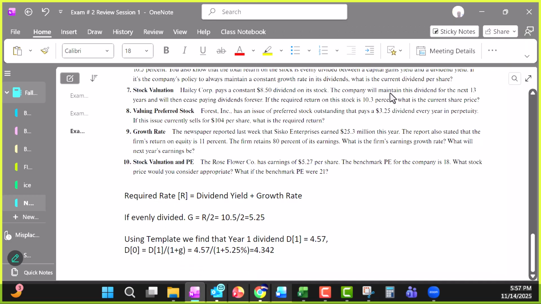Next one. Oh, okay. This one is interesting. This company pays a constant $8.50 dividend on its stock. The company will maintain this dividend for the next 13 years, and it's going to pay nothing after that. If the required return on this stock is 10.3%, what is the current share price?